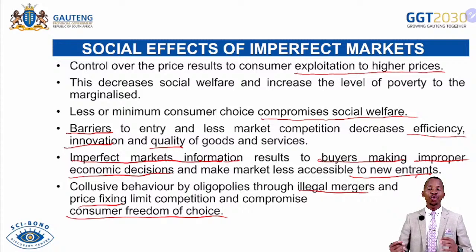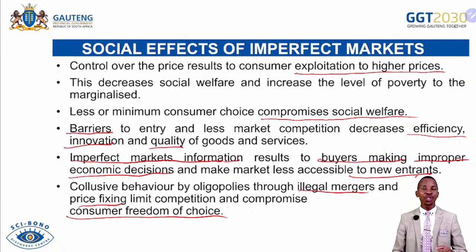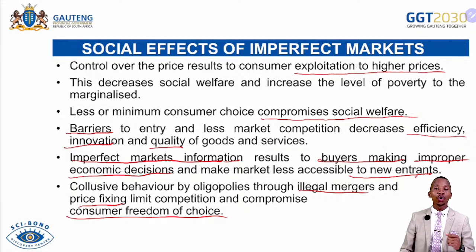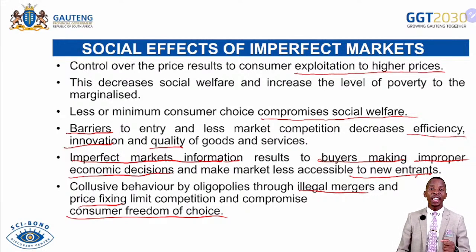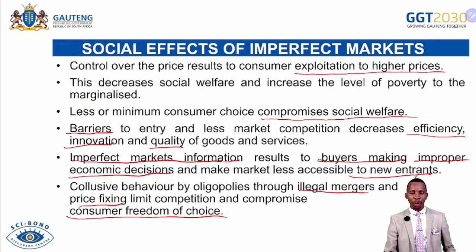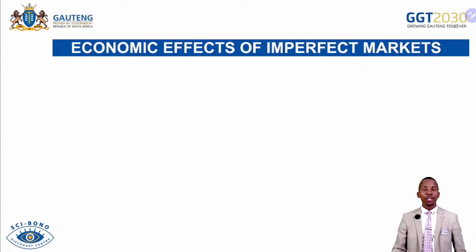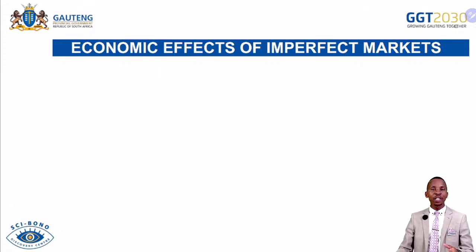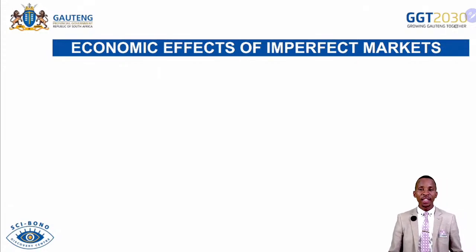But if firms merge and become one firm, that leads to less competition within the market. That compromises consumers because they find themselves with limited choices in the economy. As a result, freedom of choice will be compromised. That is bad. So these are the bad effects of imperfect market structures on society.